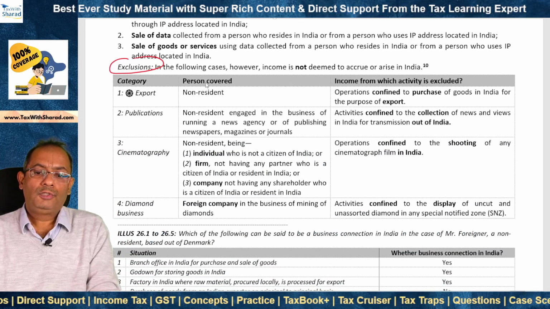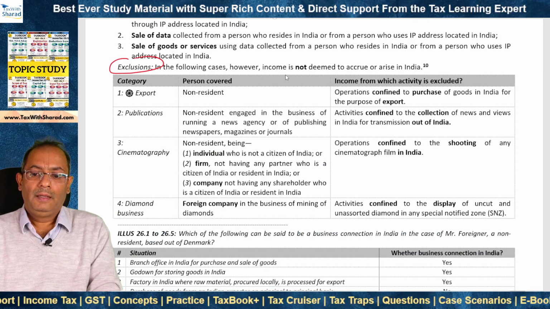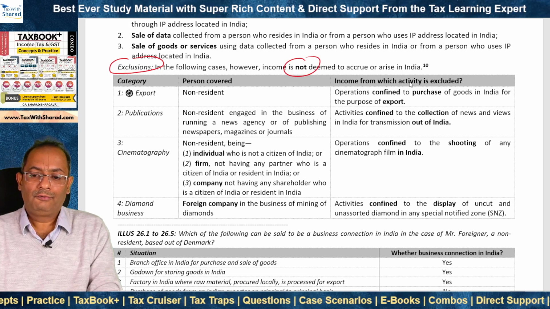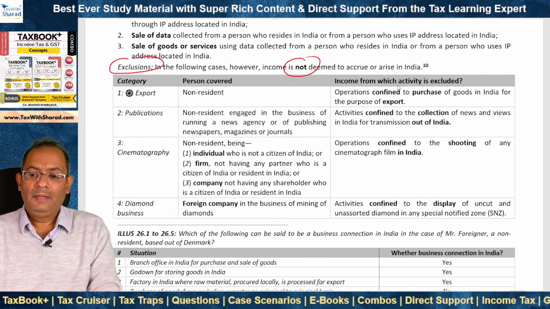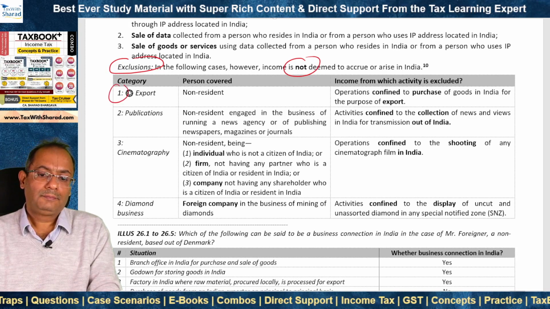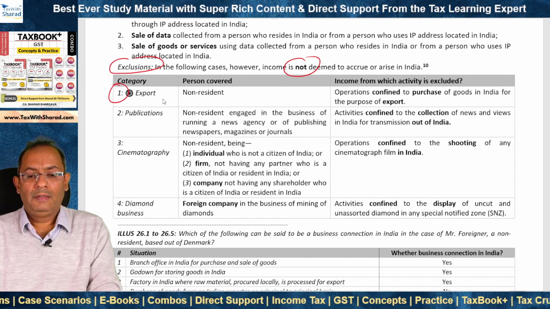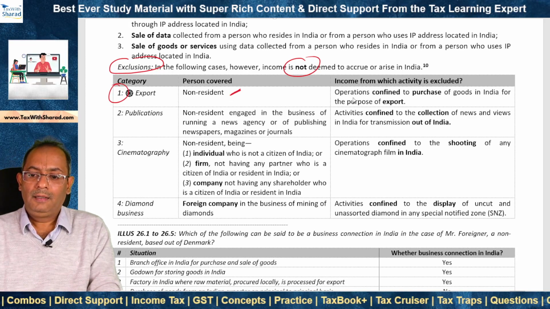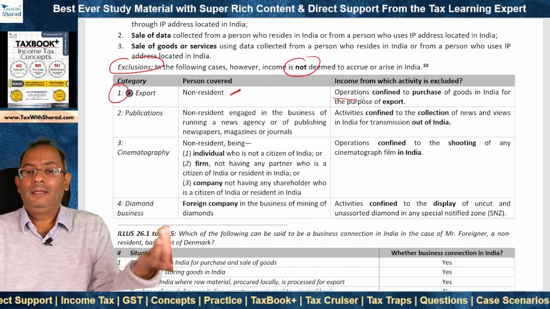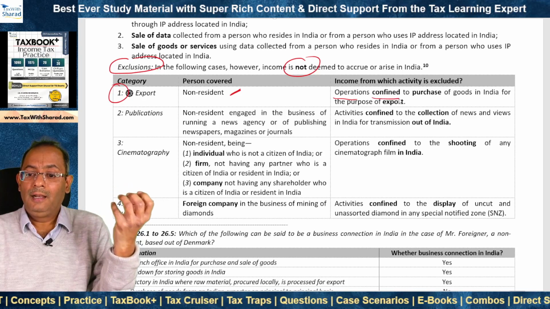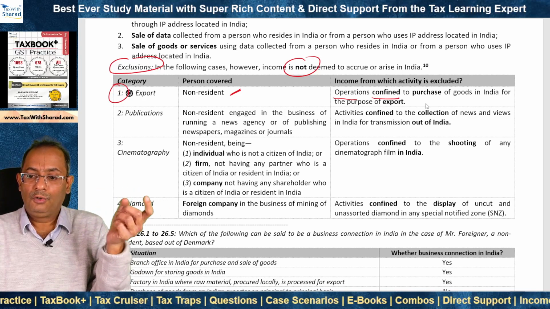There are certain exclusions which are provided. In these cases, income is not deemed to accrue or arise in India, and therefore such income arising from these activities is not taxable in India. Number one deals with the category of export. So in the case of a non-resident, where the non-resident carries on certain operations in India, and those operations are limited or confined to what?